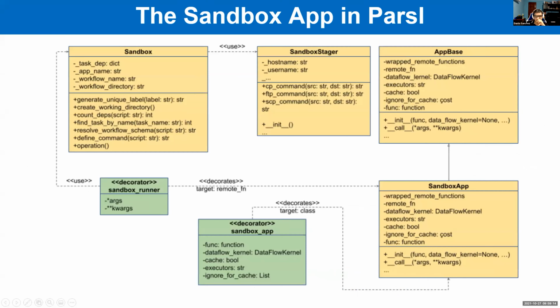Here is the class diagram of the Sandbox app. As can be observed, the Sandbox app is an extension of the app base class used to implement the common functionality across the native Parsl apps. The Sandbox app decorator makes use of the Sandbox class, which manages the Scratch directory and the resolution of the workflow scheme.